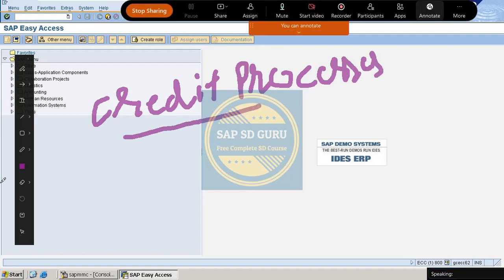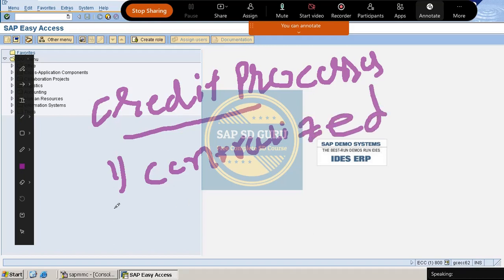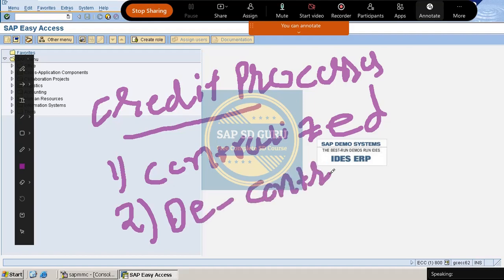What are they? The centralized credit process and the decentralized credit process.